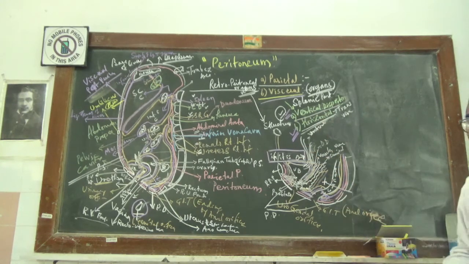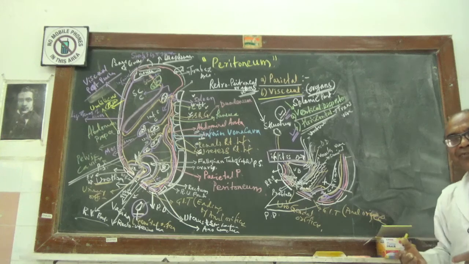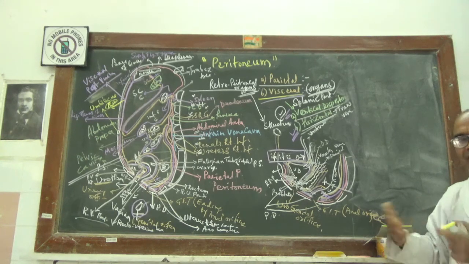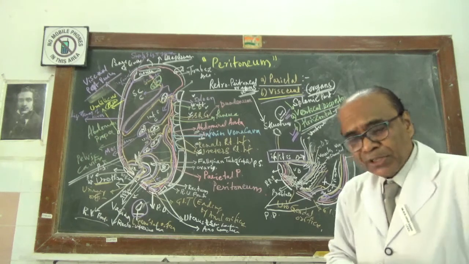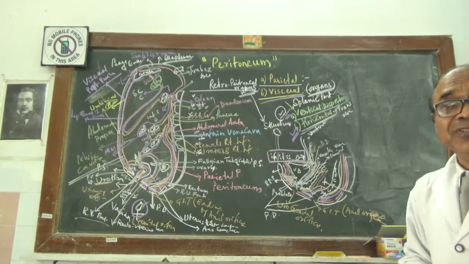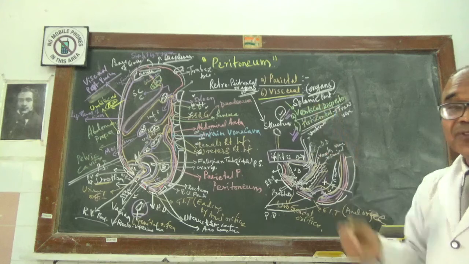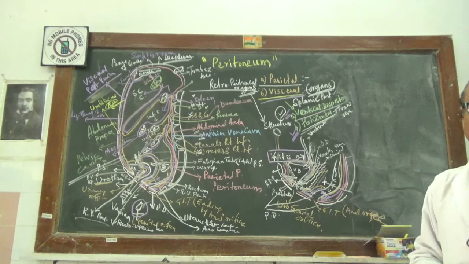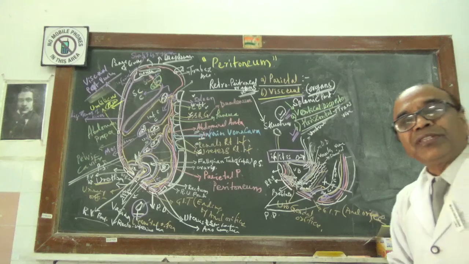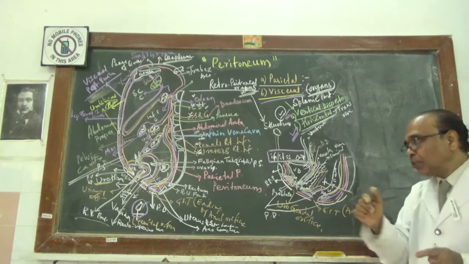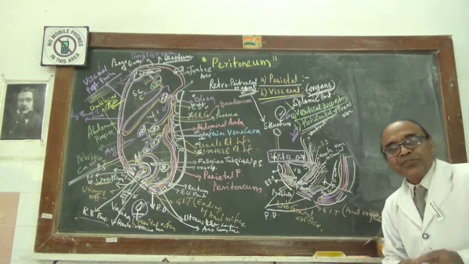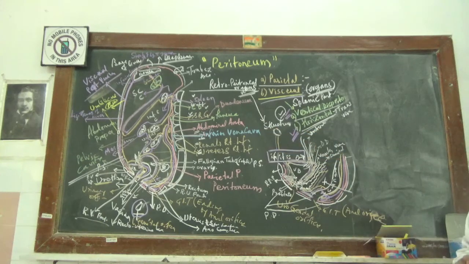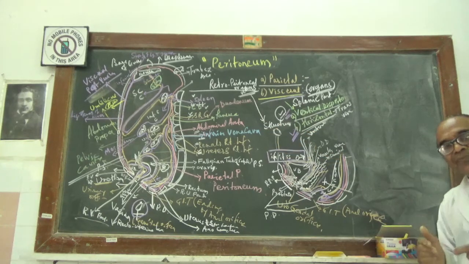Then sometimes there will be fluid because of the inflammation of that organ, and also if there is any trauma or injury to any part of the peritoneum, either the parietal or the visceral. Preferably it will start with the parietal, because stabbing and all will first hit the parietal and then come to the visceral.